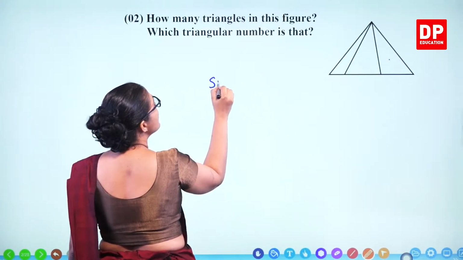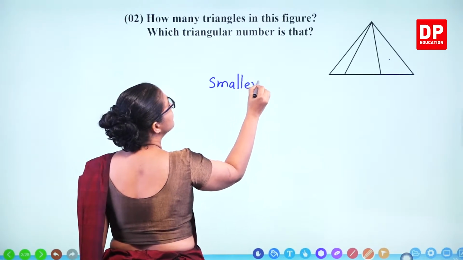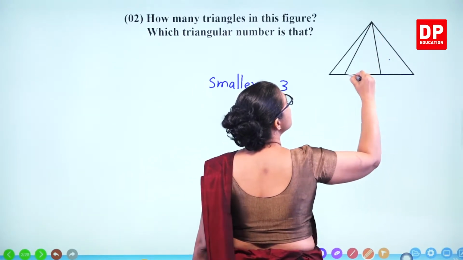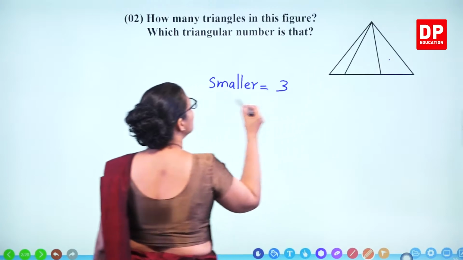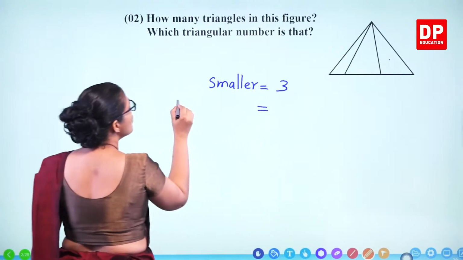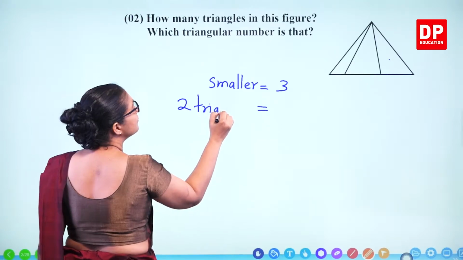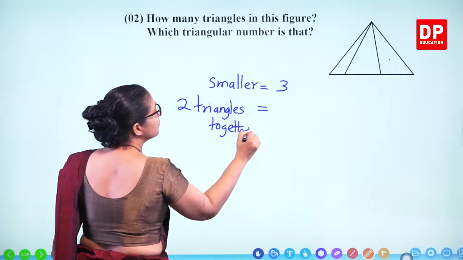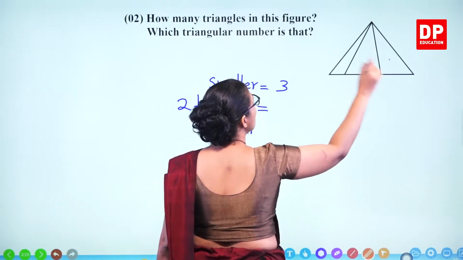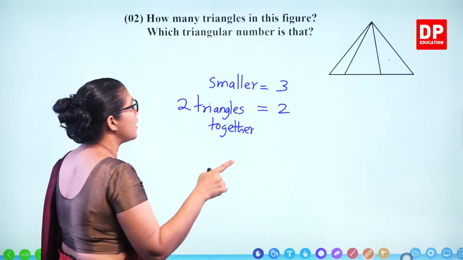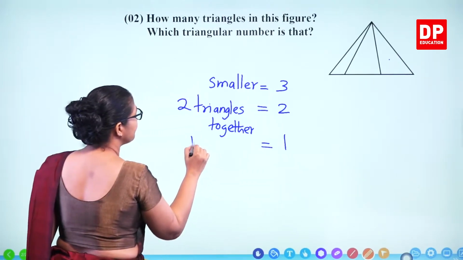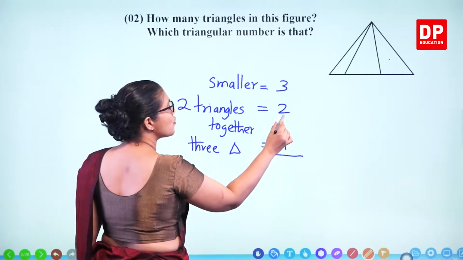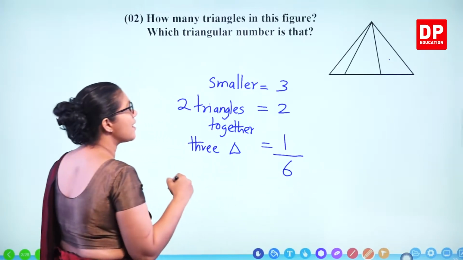Then 2 triangles together: 1, 2. And 3 triangles together, that's 1. So altogether you get 3 plus 2, 5, plus 1, 6 triangles.